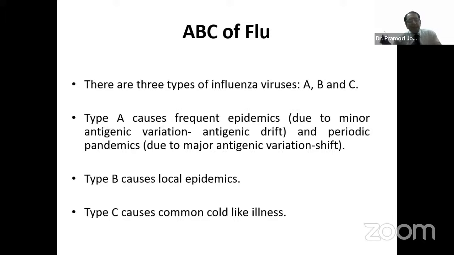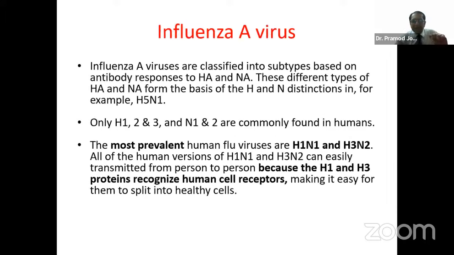However, type B is the one which is restricted only to the human beings, and it produces only local epidemics. And type C, as I told you, produces simple common cold like illness. So let us go a bit deeper into influenza A virus, which is classified into subtypes based on the antibody responses to the glycoproteins on its outer side.